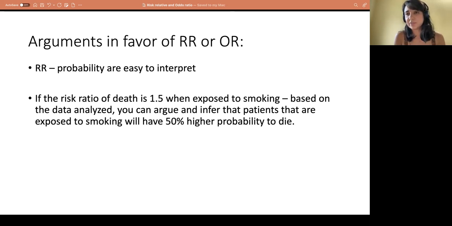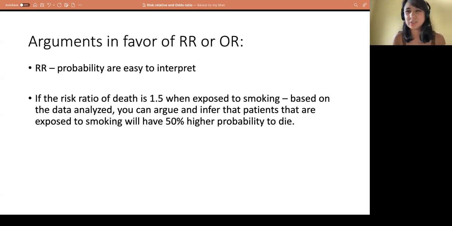As I give here in an example, a risk ratio of 1.5 when exposed to smoking. Based on this data, you can infer that patients exposed to smoke will have 50% higher probability to die.